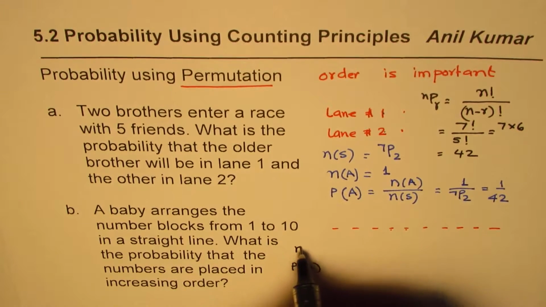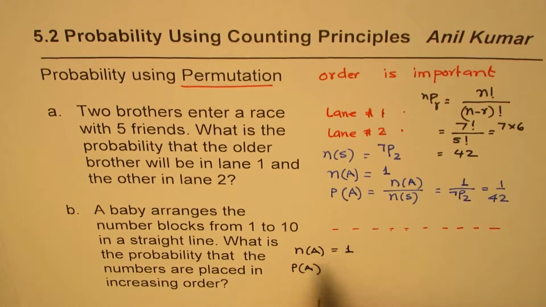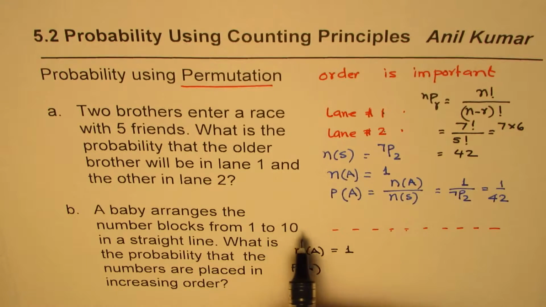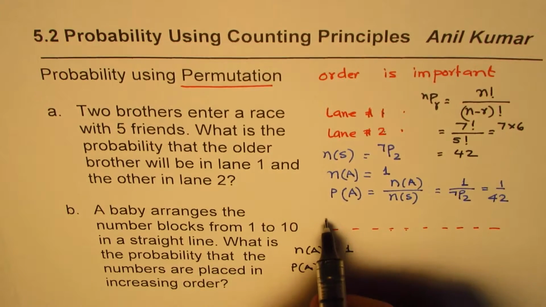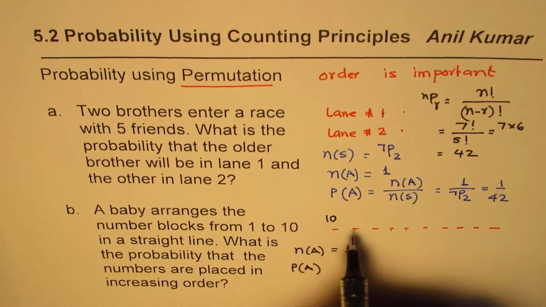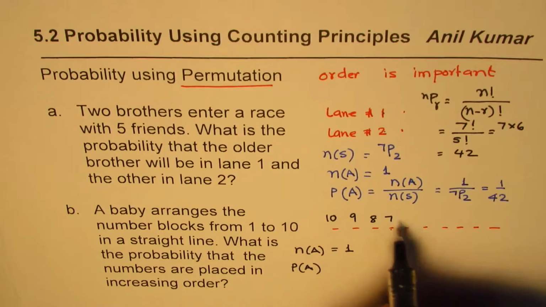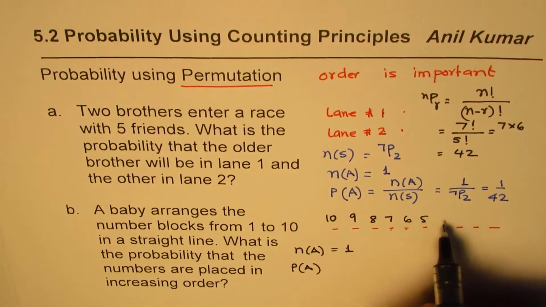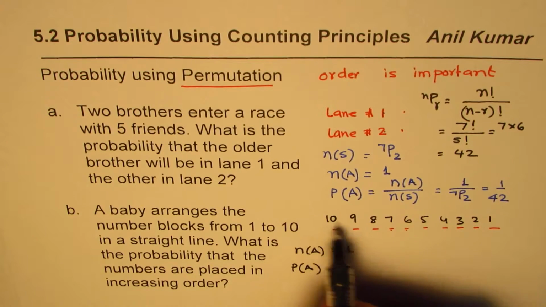So in our case, favorable outcomes is only 1. But how many are the total number of outcomes? Now if the numbers are 1 to 10, the choices we have to fill up the first space is 10, then the second space 9, and then 8, 7, 6, 5, 4, 3, 2, 1. That is 10 factorial.